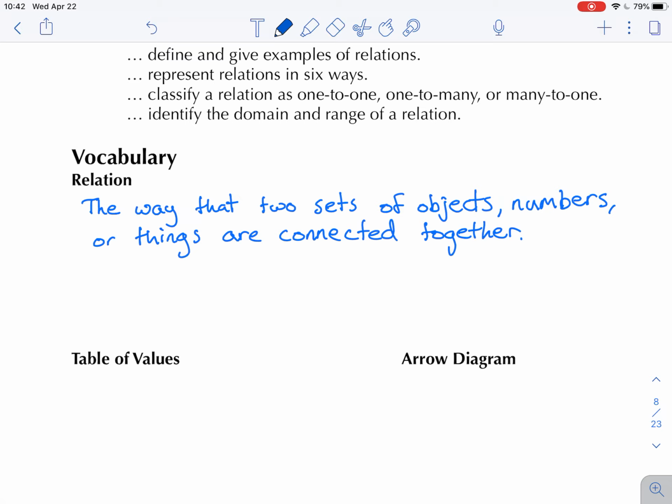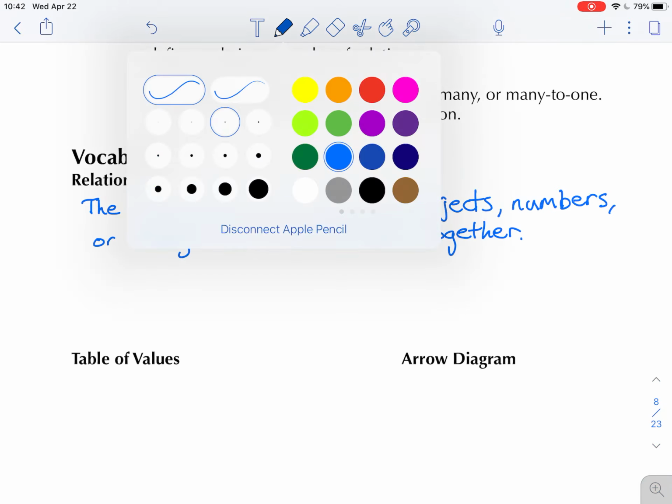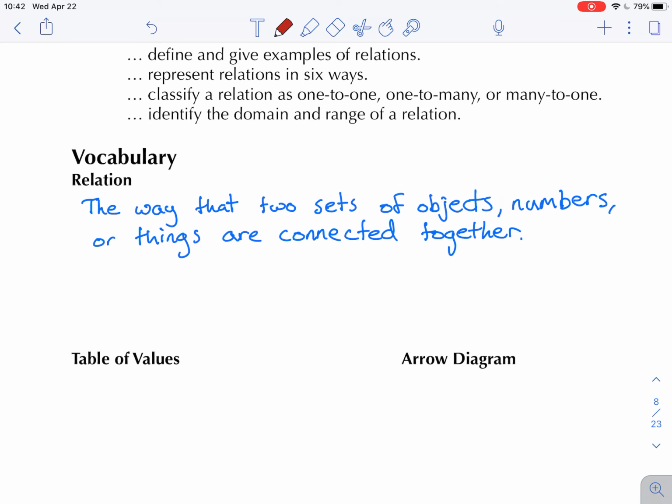It's a very general statement. And as we look at some examples, it'll become clearer what I mean about sets of objects being connected together.